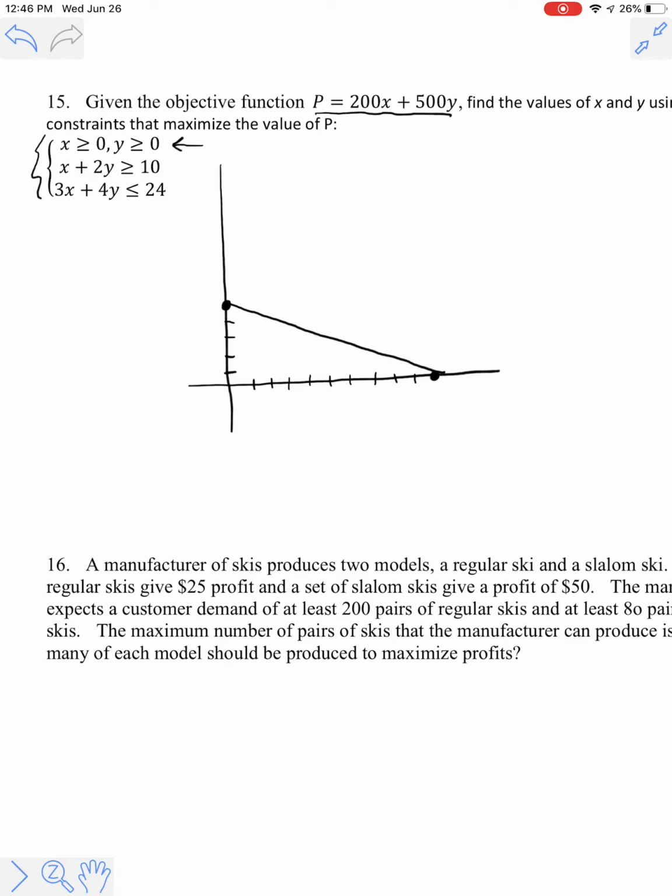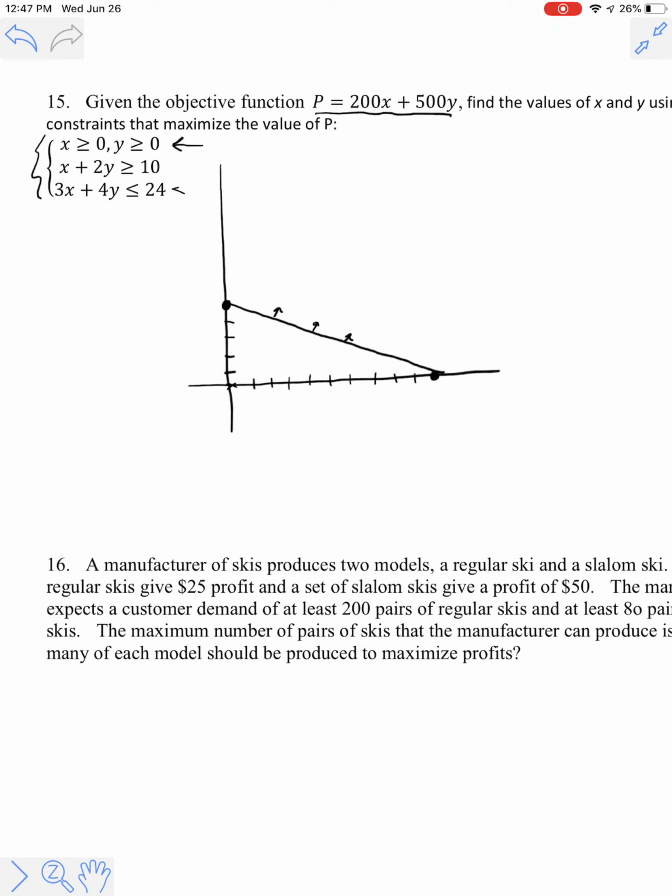And if we use a test point of 0, 0, and I plug in a 0 for x and y, I get a statement that 0 is greater than or equal to 10, which isn't true. So I'm going to be shading away from the test point. I'm just going to draw arrows right there to remind me where the shading is going to be.